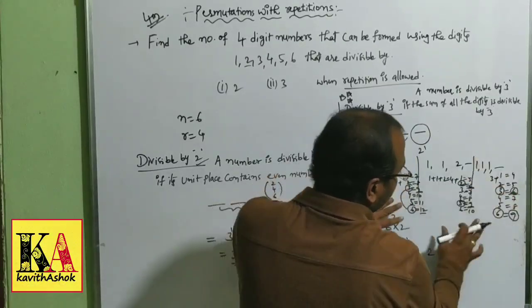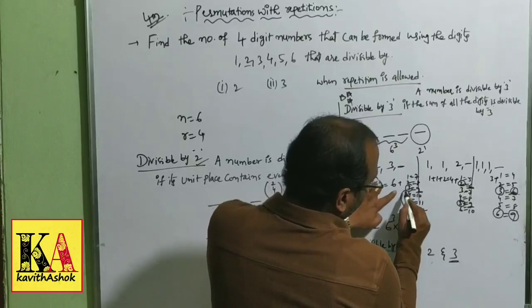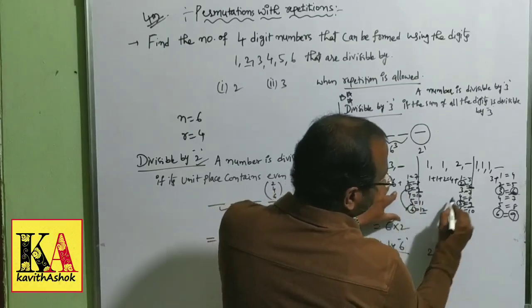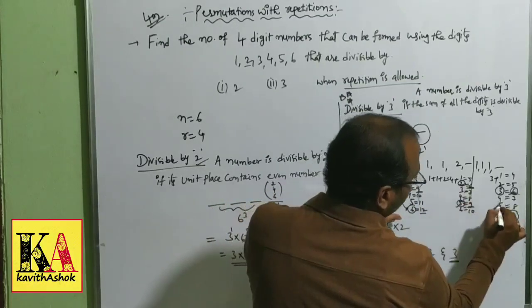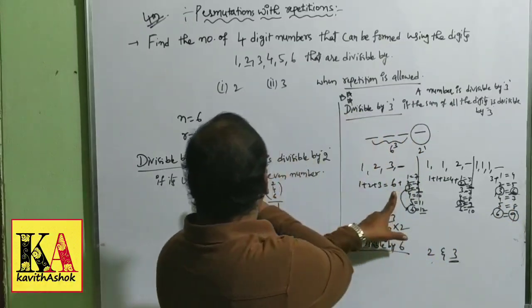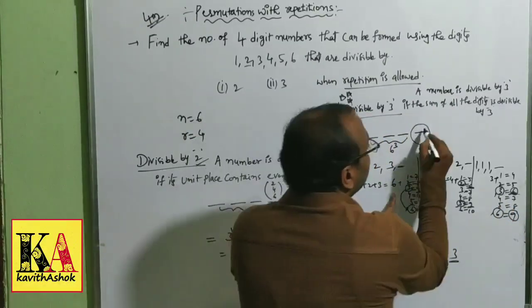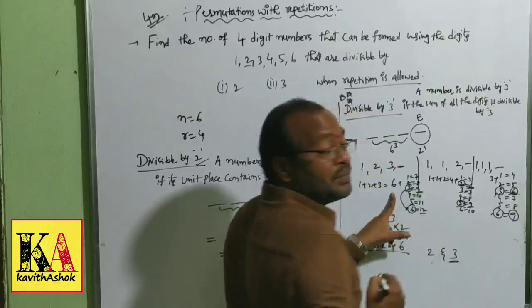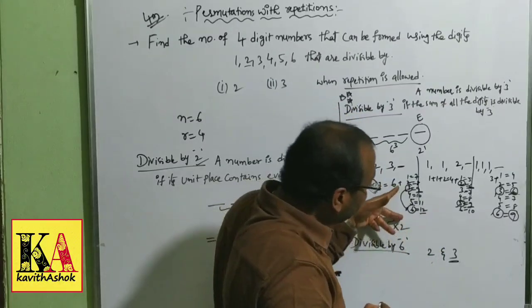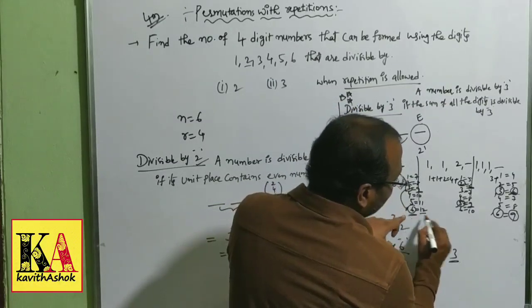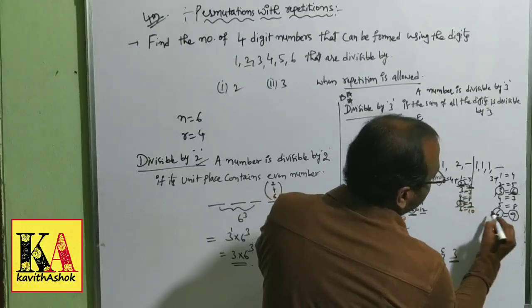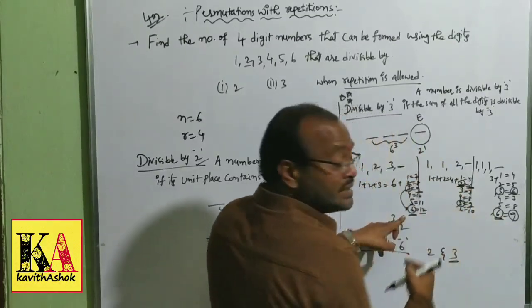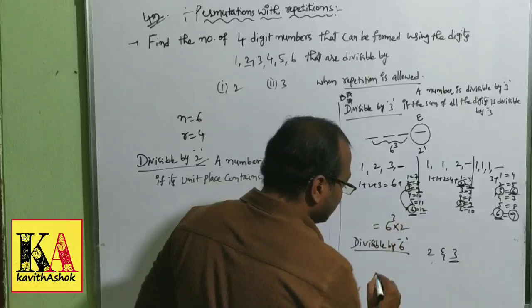In this, one is an odd choice and one is an even choice. But according to the definition of divisibility, this place is reserved only for an even number. So in these 2 choices, only one even number we can fill. Is it clear now? So instead of 2 choices, we have only 1 choice.